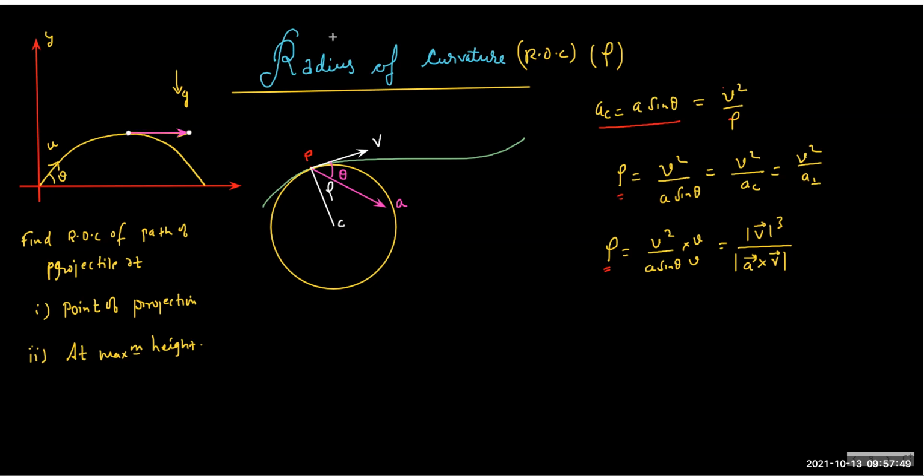To find the answer, the rule is you first find the velocity vector. We know the velocity vector is horizontal, and the magnitude of this velocity is u cos theta. Check the axis. The acceleration is already perpendicular. So the ROC here will be directly u square cos square theta by g. That's the answer.